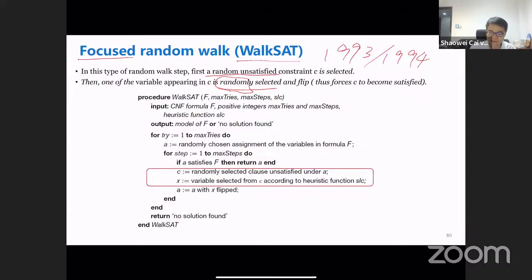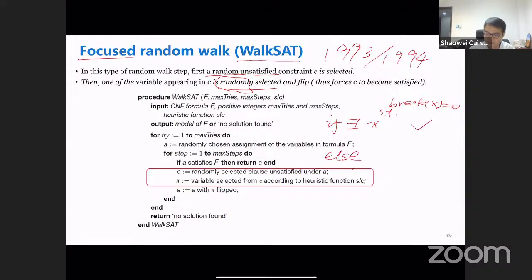In the original WalkSAT, there are three tiers. If there exists a variable x which does not lead to additional unsatisfied clauses, that is, its break value is 0, it is picked.